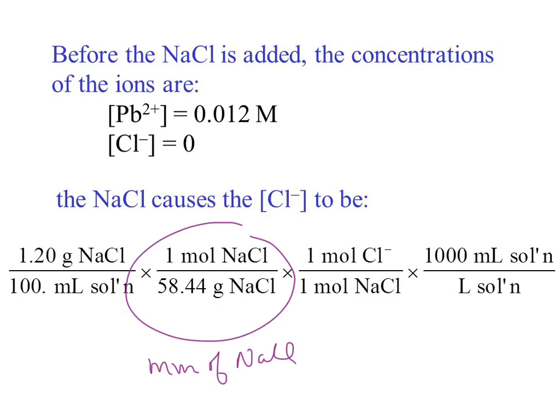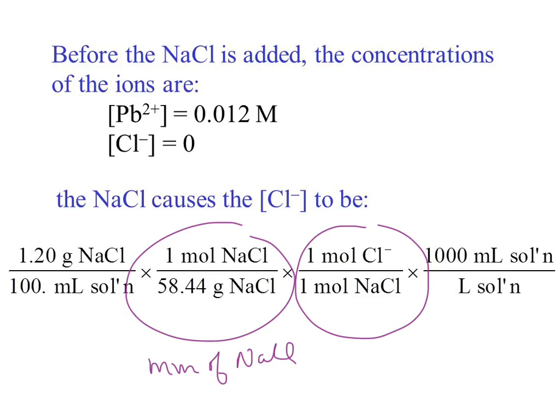Molar mass of sodium chloride, 1 mole NaCl per 58.44 grams of NaCl using the periodic table. And then this is technically what we would need to do because we don't want molarity of NaCl, we want molarity of the chloride ion, and they're present in a 1-to-1 relationship.